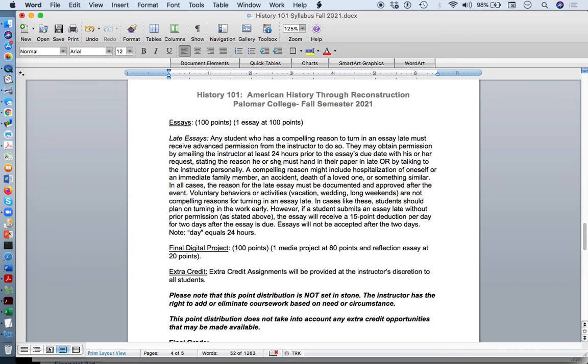So in other words, I will accept a late essay for up to 2 full 24-hour days, and you'll be deducted 15 points per day. So if you submitted it within 24 hours of its due date, then it'll be a 15-point deduction, and if it's 2 days, then it will be a 30-point deduction.